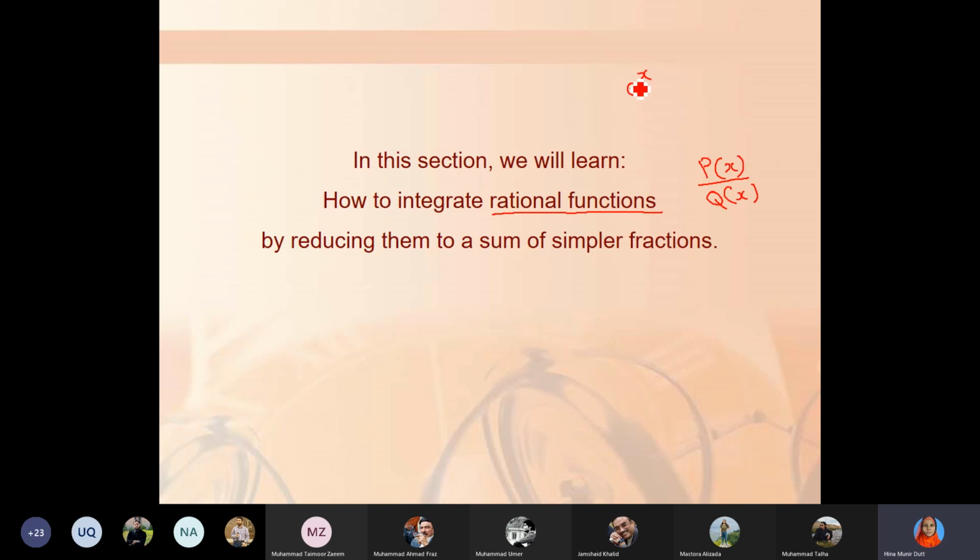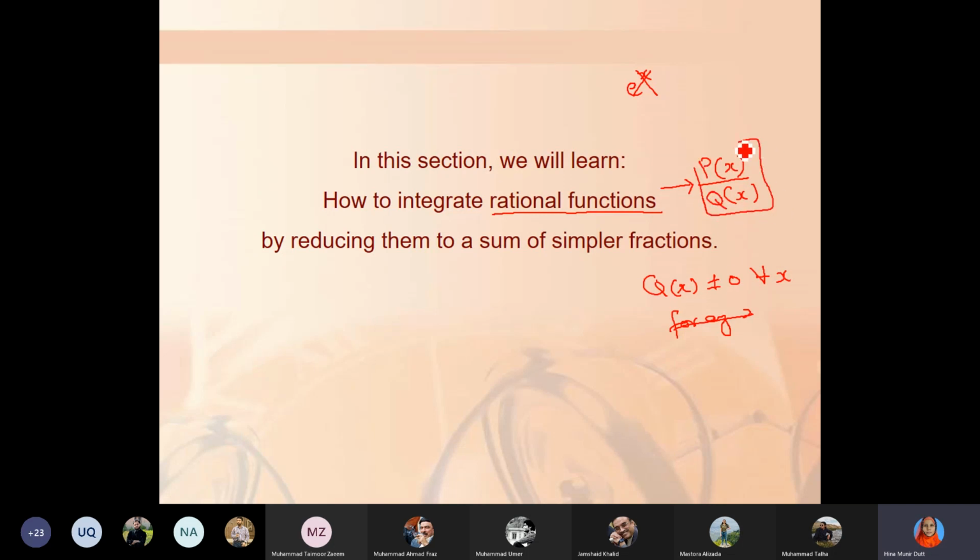This is not a polynomial. So a rational function is basically a fraction of polynomials in which Q of x is not equal to 0 for any x, for all x. There should not exist any point where Q of x is equal to 0. So this is my rational function.